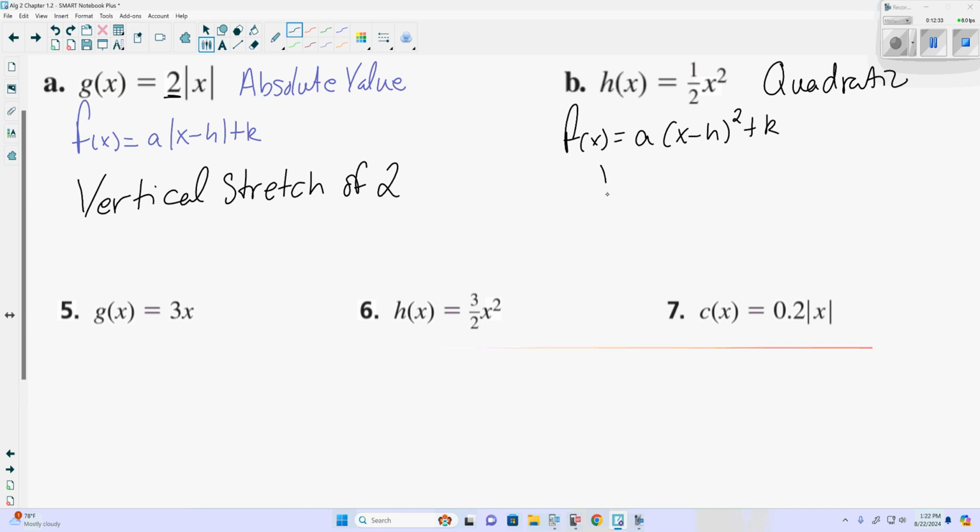And this would indeed be a vertical shrink of 1/2. Because the value of a is between 0 and 1, it's a vertical shrink. Since we have 1/2, it's between 0 and 1, it's a shrink.